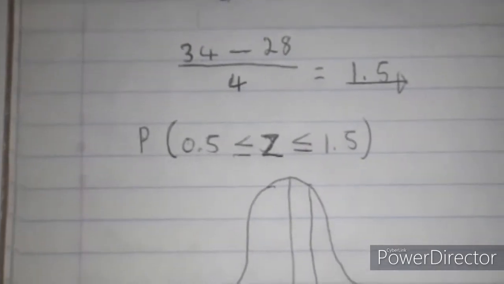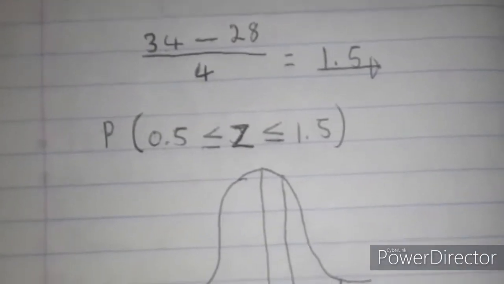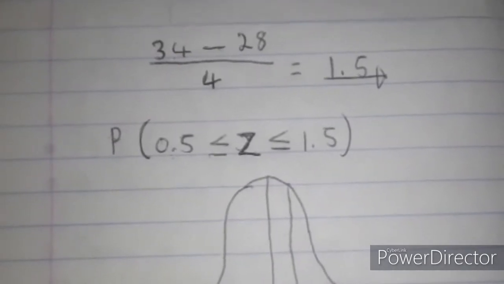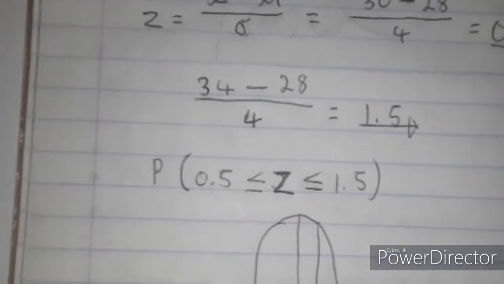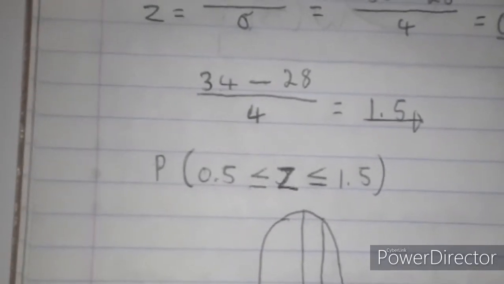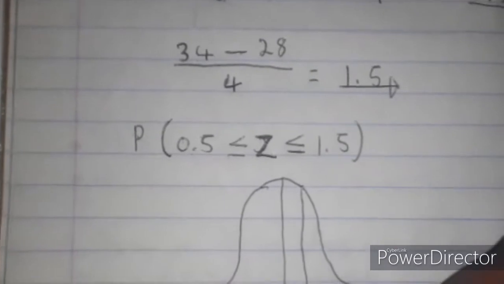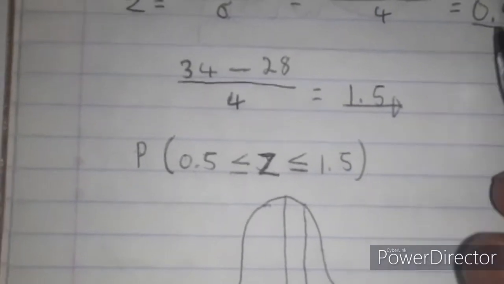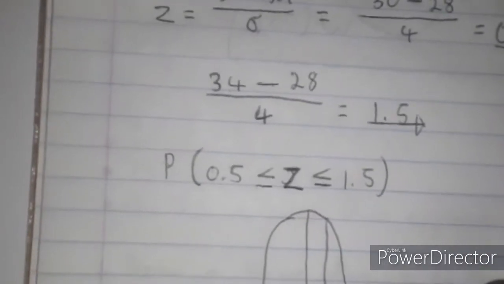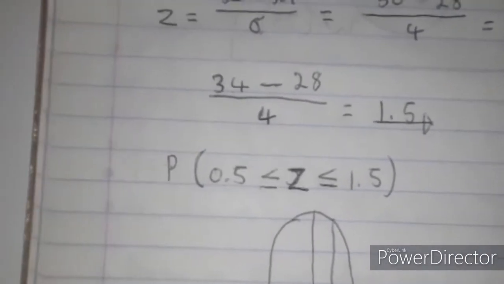So actually here is 0 in the middle. These are the z values. Now the z value of 30 is 0.5.